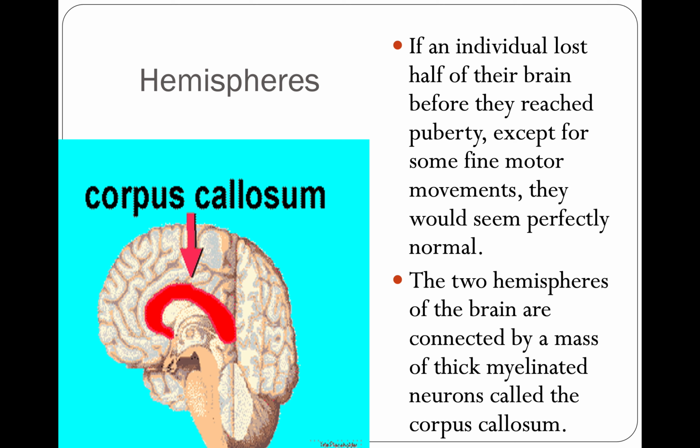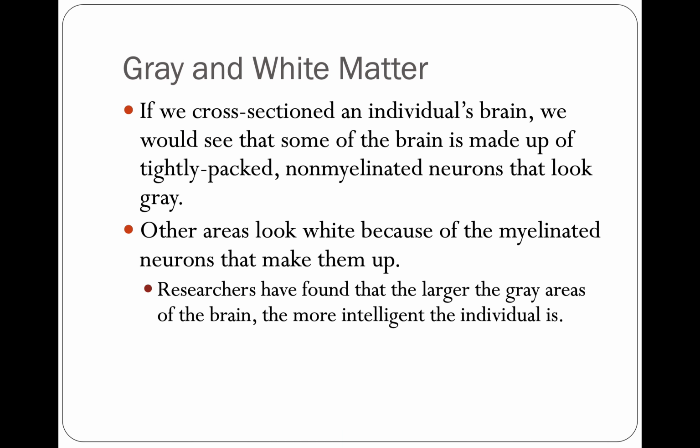The interesting thing about the corpus callosum is that women have a larger corpus callosum, about 11% larger than the male corpus callosum. And this really changes some of the dynamics of what happens to you if you ever get sick, especially if you have a stroke. And we'll talk about that later.